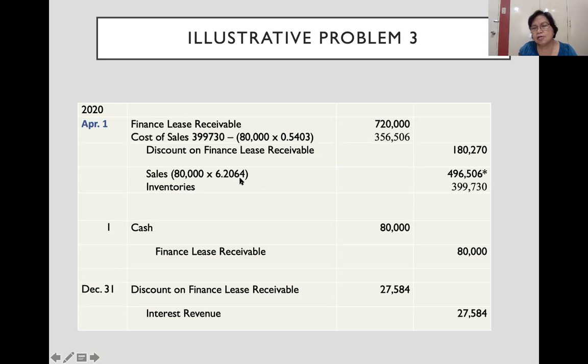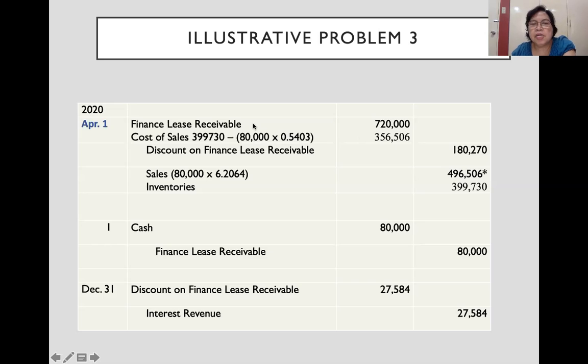So your sales here is adjusted to only 496,506, and the present value of the unguaranteed residual value is to be deducted from the carrying amount of the asset to arrive at cost of sales. What's the logic? The logic is that that portion actually is not sold by the lessor. So if it is not sold, then we do not record cost of sales for that portion.